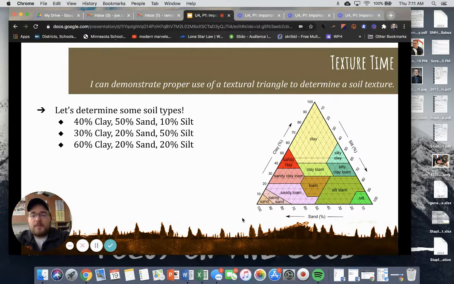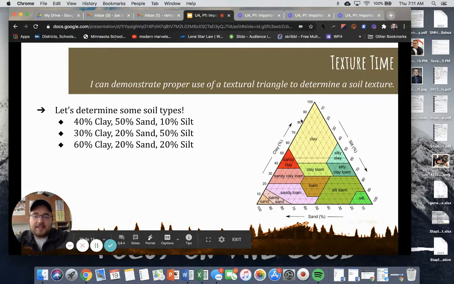So let's determine the soil types of these. The first one is 40% clay, 50% sand, 10% silt. We see our clay over on the left-hand side of the triangle. Clay lines are going to go straight across like this. See that? There's a 70 line, a 75 line, an 80 line, an 85 line, and so forth.